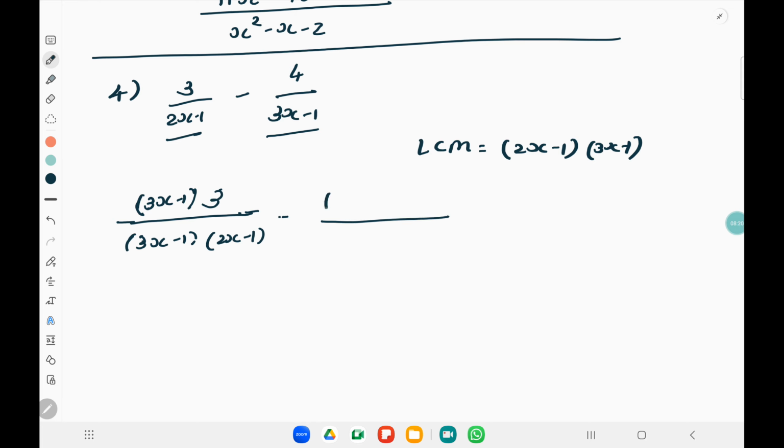Okay, the second fraction doesn't have the 2x minus 1 bracket in the denominator, so we need to multiply, so we write that here.